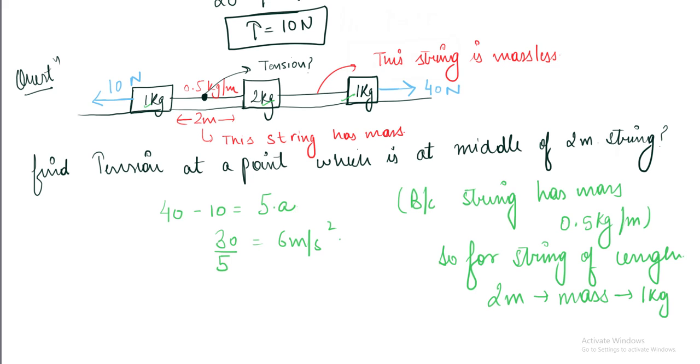So from 1 kg, 3 kgs, 1 kg, 4 kgs, 5 kgs. So the acceleration is 6 meter per second squared.